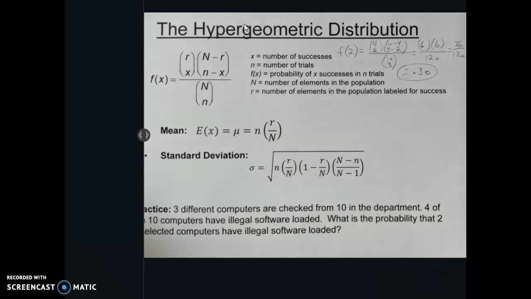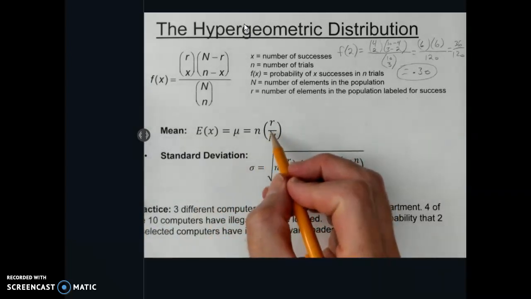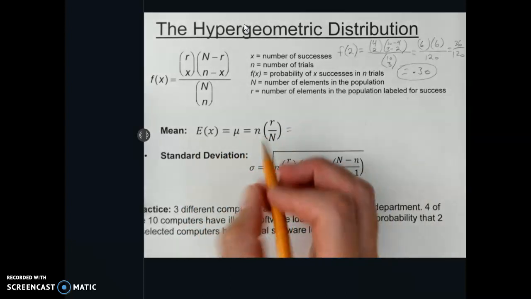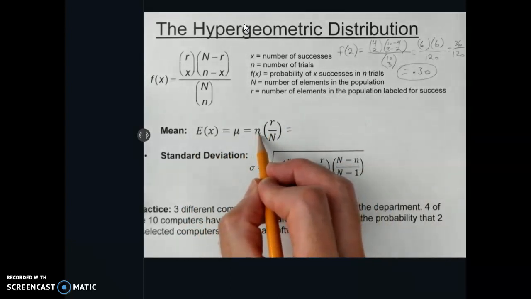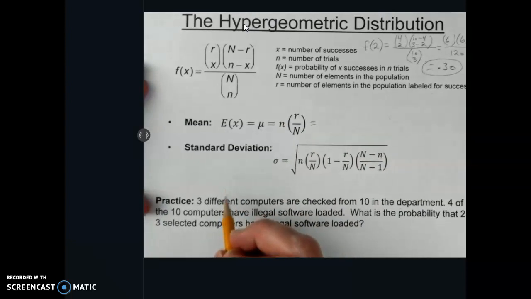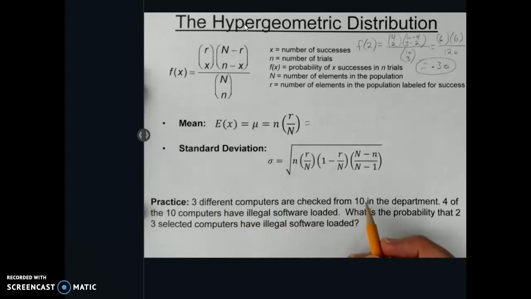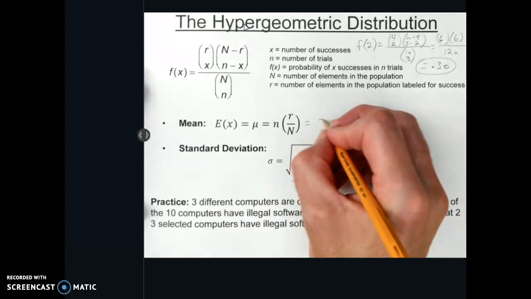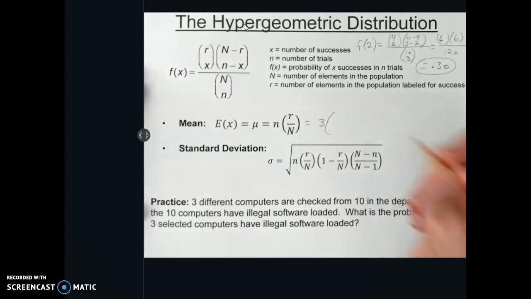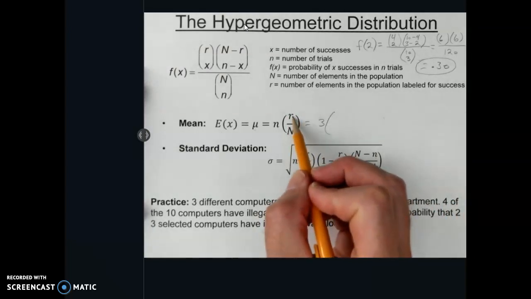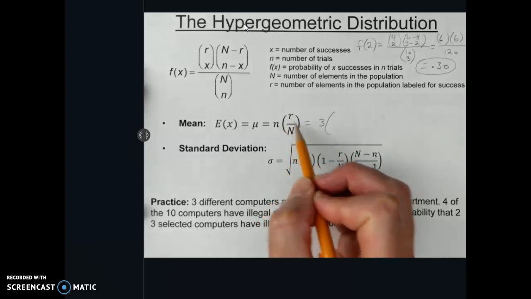Okay, now let's calculate the mean of this problem. And to do this, we're going to use the formula. Remember, the mean is also the expected value. Little n is our sample size. We already established that we drew 3 computers from the 10 in the larger population. So it's 3. And we're going to multiply that by little r, which is the number of successes in the population, over capital N, which is the number in our population.